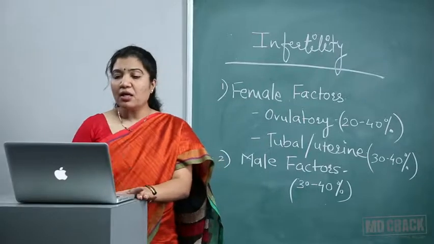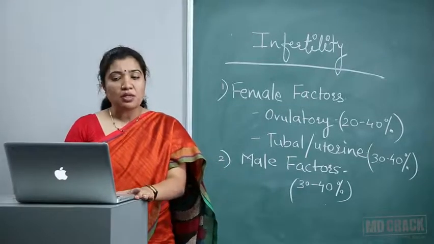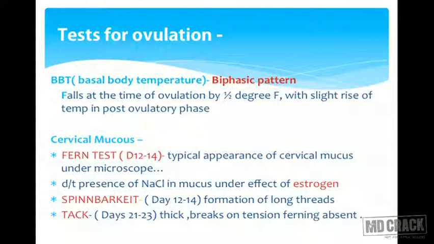It will break, and this is called as tack. It is seen from day 21 to 23. The mucus would become thick, breaks on tension, and ferning would be absent. So these changes would tell us that there is ovulation taking place in that particular female. Spinnbarkeit, ferning, tack, 3 MCQs in one test.